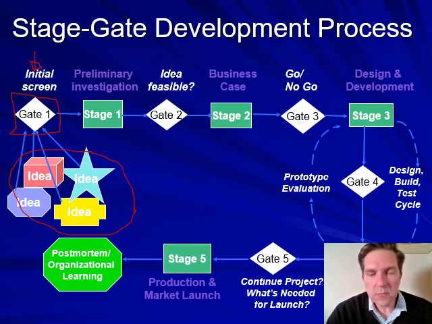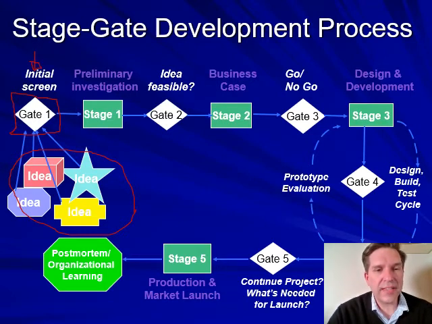And the criteria are going to vary between stages. So, for example, in the first stage, it could be the uniqueness of the idea, how unique it is. Or it could be how difficult it is to get some of the technology that is required for the idea to work. Do we have some of that or not, right?